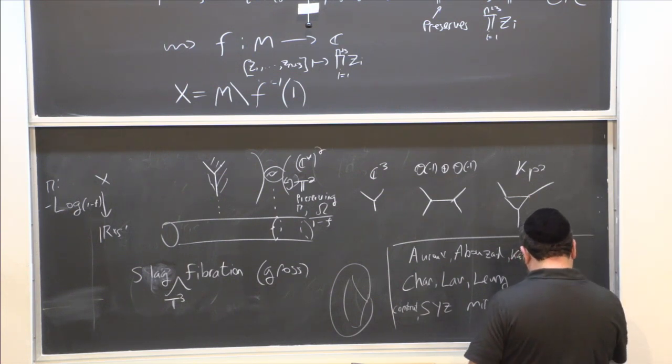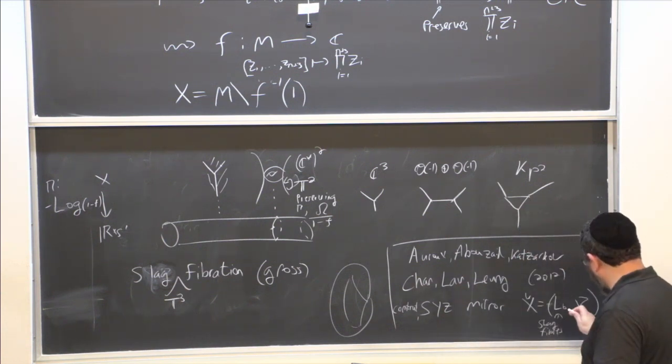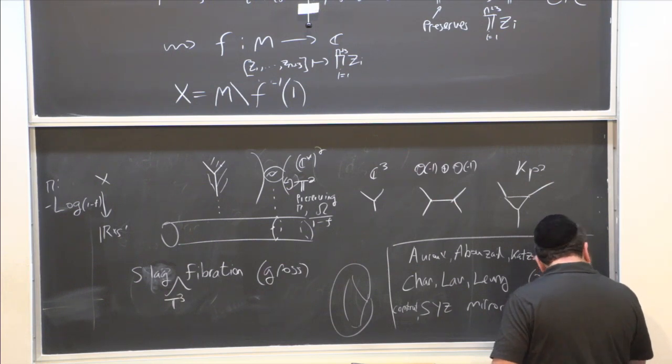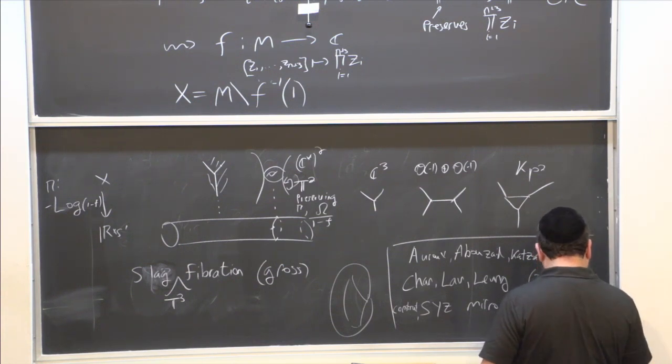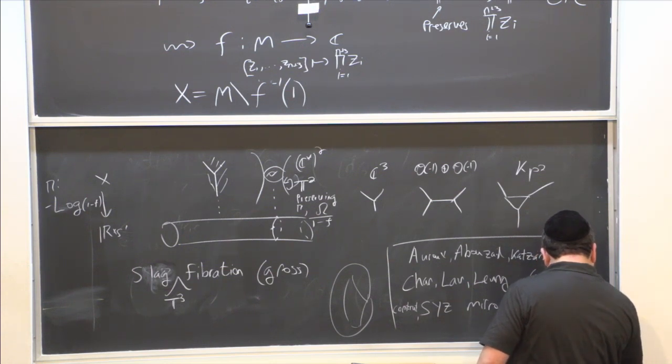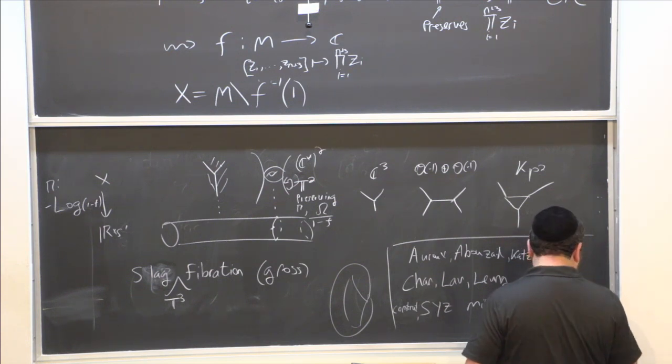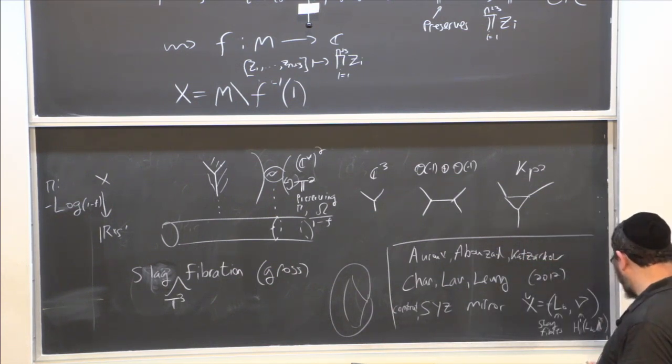So we have these Lagrangians, which are basically the ones I described here, and then the local systems, which you can think of as just the first cohomology of L, with values in some... how should I describe this?